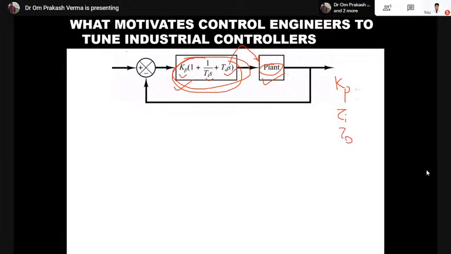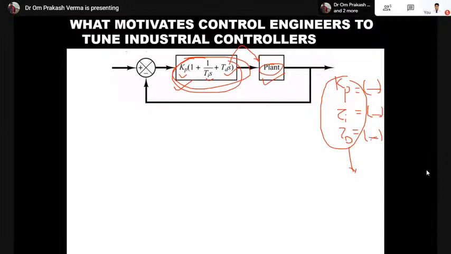As you have seen in the table, you have to choose one value at which the PID control performs very well. So there is a range of this one, a range of this one, a range of this one. So it becomes a problem of optimization. Okay, this is the problem of optimization.